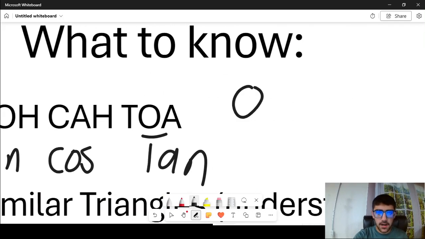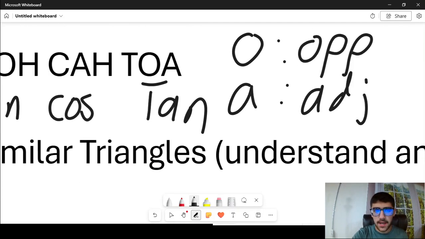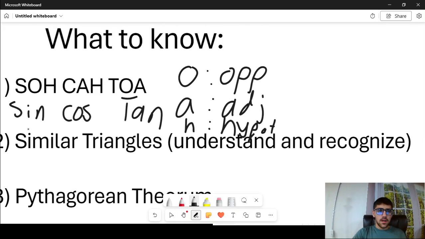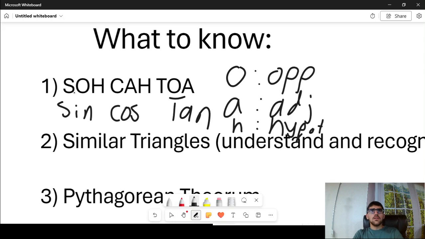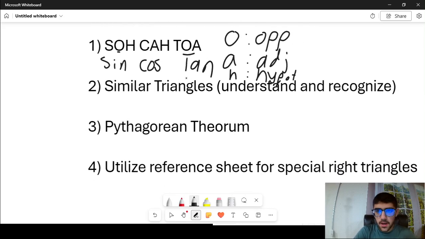O stands for opposite, A stands for adjacent, and H stands for hypotenuse. So sine is opposite divided by hypotenuse. Cosine is adjacent divided by hypotenuse. Tan is opposite divided by adjacent. And yeah, that's all you need to know.